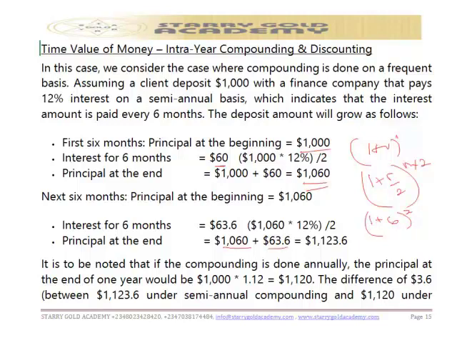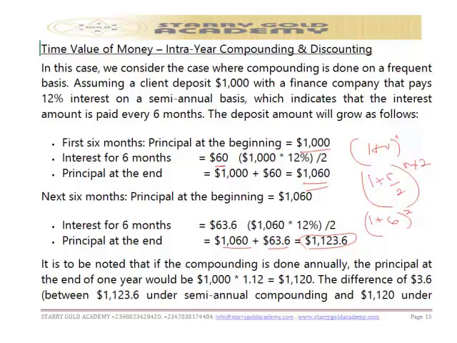Everything added together will give you 1,123.6 naira. But if it is not semi-annual, if you just apply 12% annually, you only get 1,120. Understand? It is 1,120 naira.